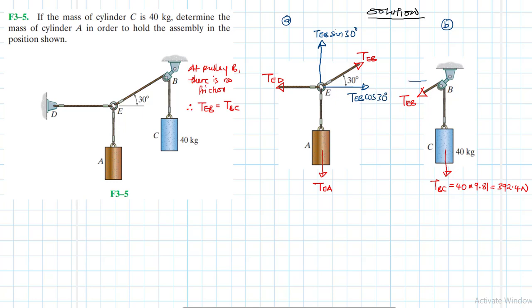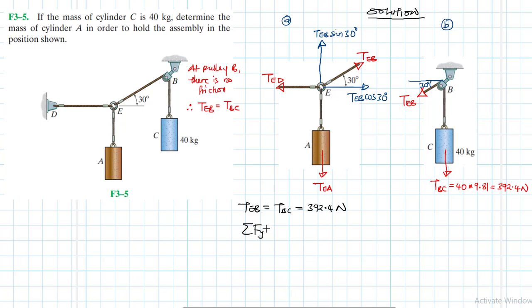And this angle here is also 30 degrees. With this information, we are going to apply the equations of equilibrium so that we find what TEA is. We already know, like we said, that TEB is equal to TBC, which is equal to 392.4 newtons.